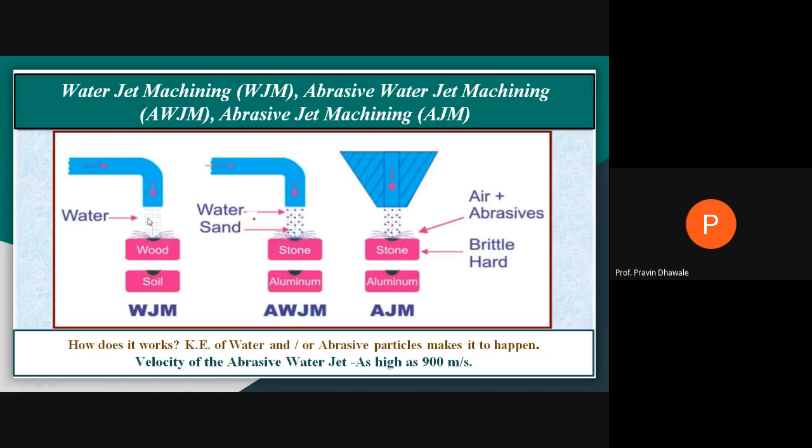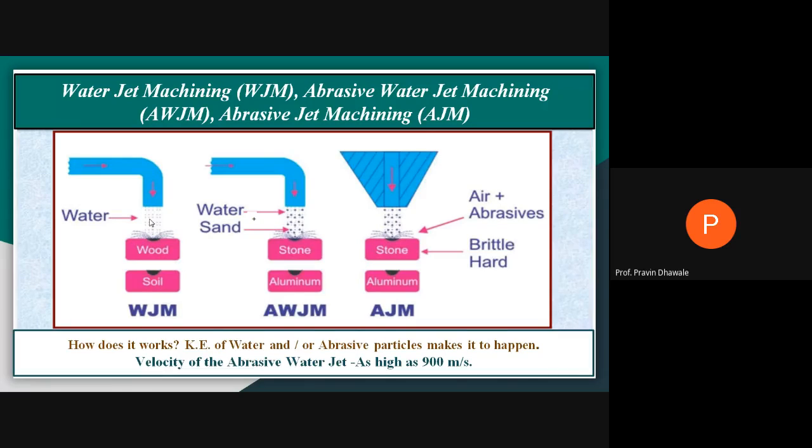The water coming out from the water jet machining process has a very high velocity, as much as about 900 meters per second. When that much velocity of water strikes the surface of the workpiece, the material is definitely removed by the action of erosion, right?